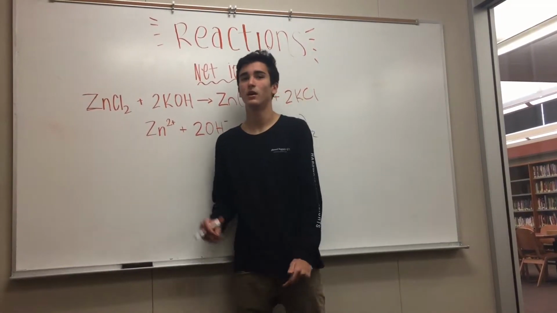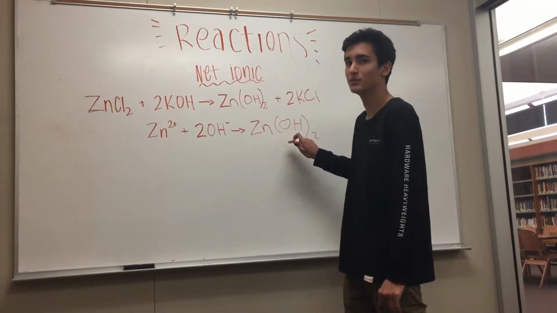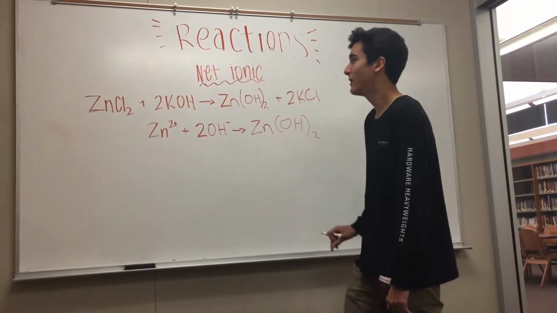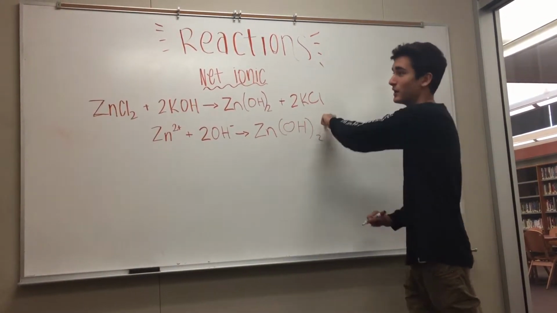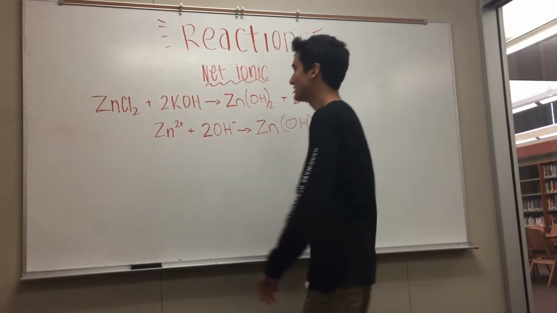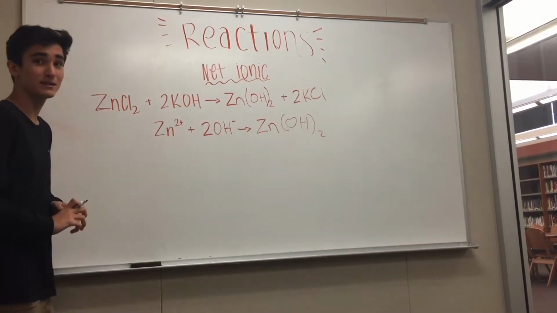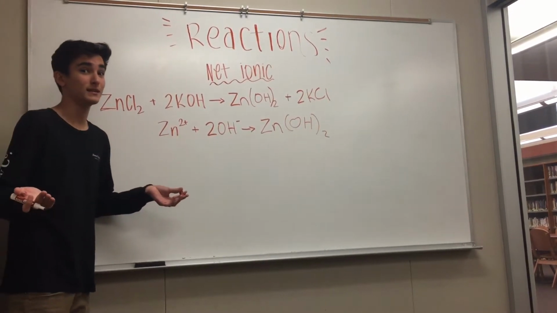Another important part of learning chemical reactions is figuring out how to do net ionic equations. You have here the basic chemical equation with all this jazz, which is highly unuseful. So, you have some spectator ions that, if you think about it, don't do anything.